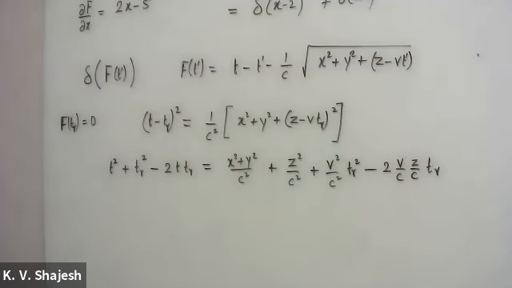How to write this as a quadratic equation in t of r, or at least we notice that this is a quadratic equation. So that means there will be two roots, right?